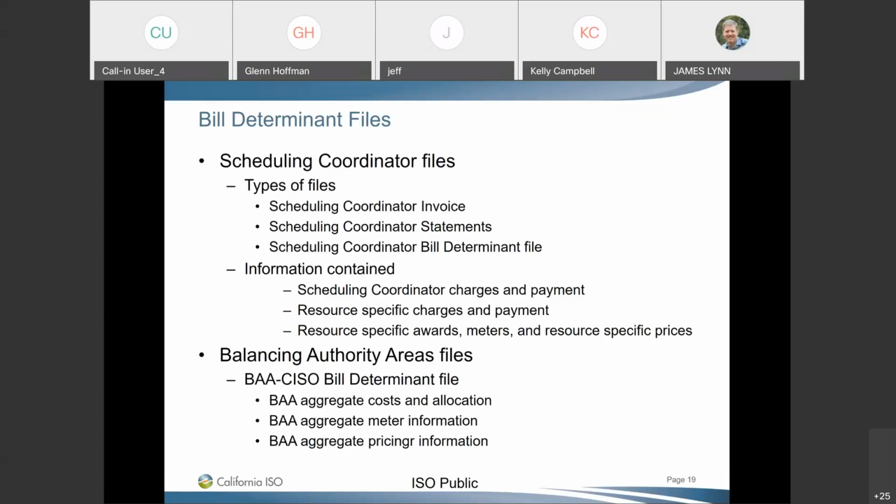Yes, we have one for EIM. It's RDG2. There should be a Reading EIM SC ID, and like Kelly said, RDG2. Oh, okay. So you should see an SC-specific Reading SC file, and you're not seeing that?